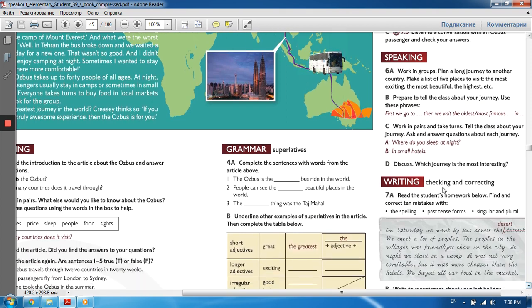And then discuss which journey is the most interesting for you, the most exciting, the most beautiful, the highest, and so on.